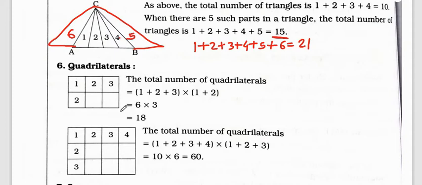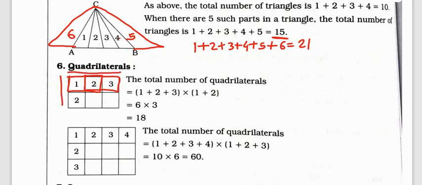Now see this figure, and we have to find out total number of quadrilaterals. See, not square. Quadrilateral, remember, these are the squares, and quadrilateral means this is also a quadrilateral. Remember, this figure is also a quadrilateral. In this way we have to count. Now easy method is, see, this is horizontal and this is vertical.